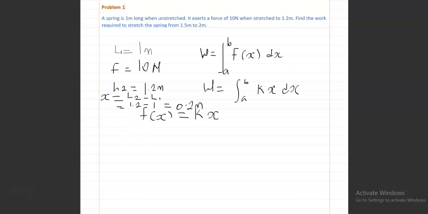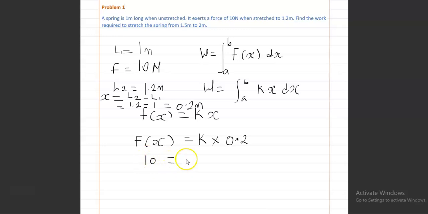So with this information, we can get our spring constant. f of x equals k times 0.2. Remember, we already have our force to be 10.